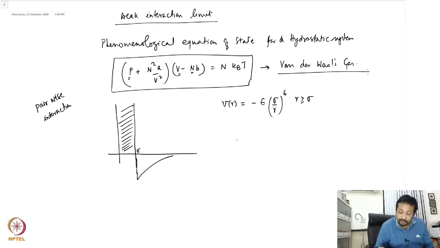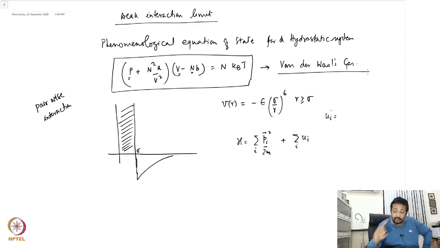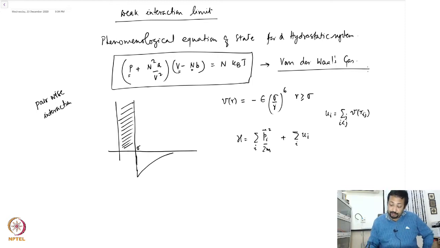The Hamiltonian then is the sum over i of p_i² over 2m plus the sum over i of U_i, where U_i is the potential energy of the ith particle. So one can write down U as the sum over i less than j, V(r_ij). Now one can take care of double counting.